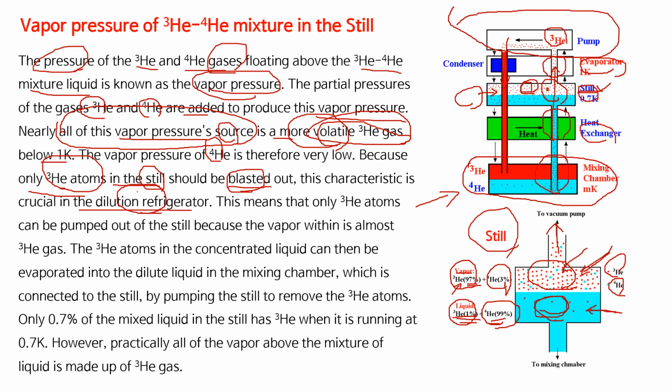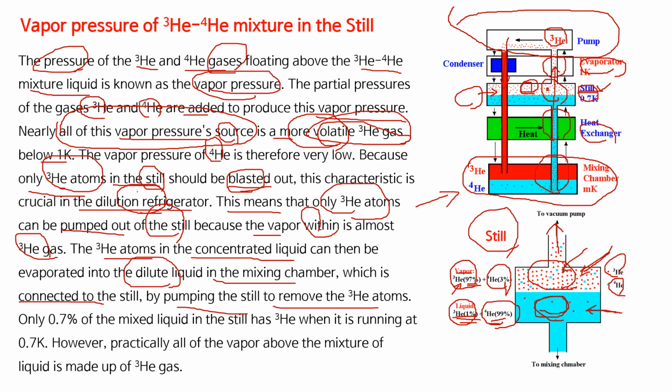So this means that only helium-3 atoms can be pumped out of the still because the vapor within is almost all helium-3 gas. The helium-3 atoms in the concentrated liquid can then be evaporated into the dilute liquid in the mixing chamber, which is connected to the still, by pumping the still to remove the helium-3 atoms.